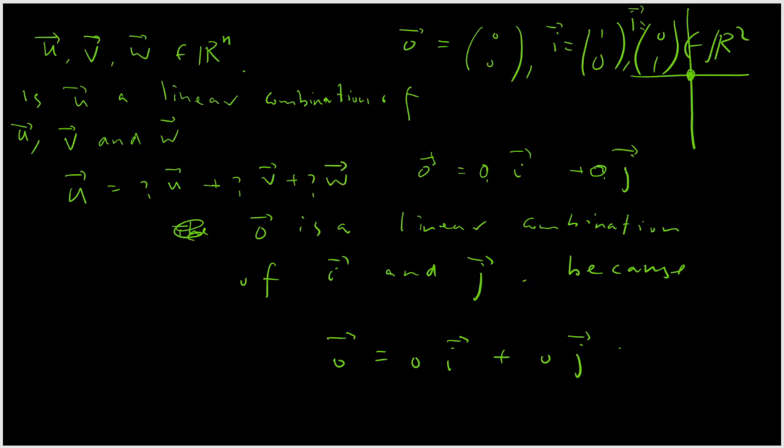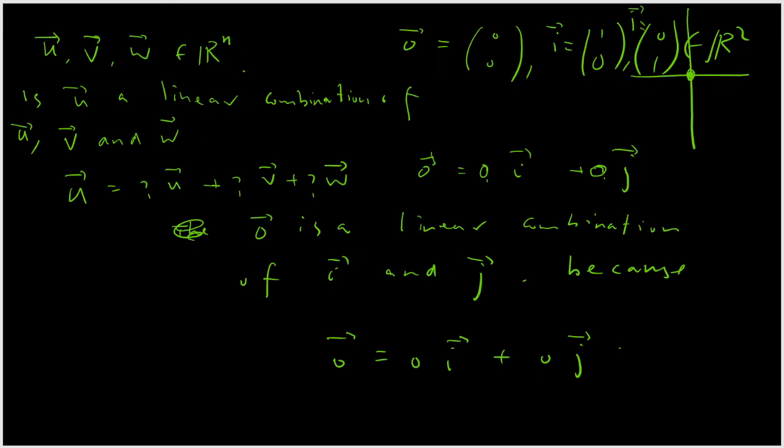All these questions are designed for the meaning of the linear combination. We're not doing any calculations yet. Is u a linear combination of u, v, and w? If yes, what are the numbers? What are the 3 question marks?